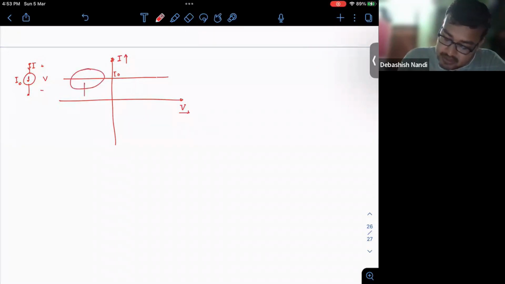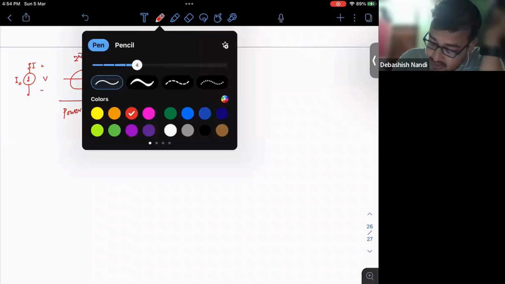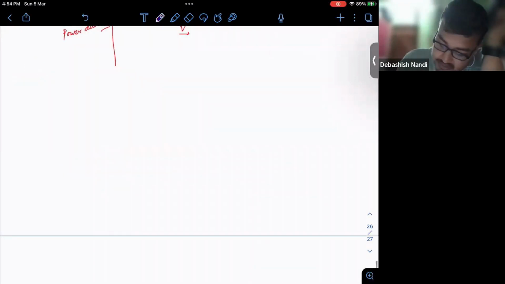Here you will see second quadrant, so power delivering. Remember this concept very carefully. Now it's a tricky question, and let me ask you this.